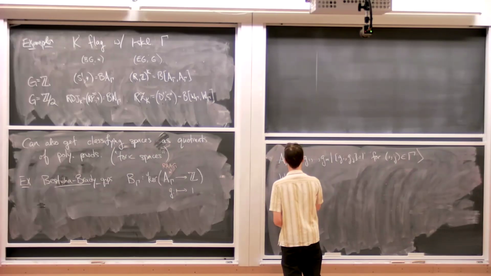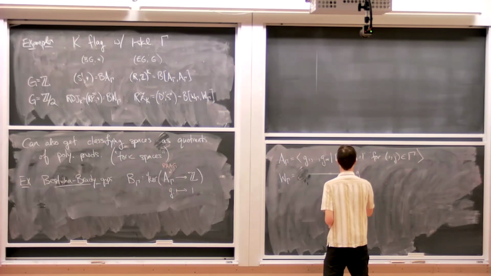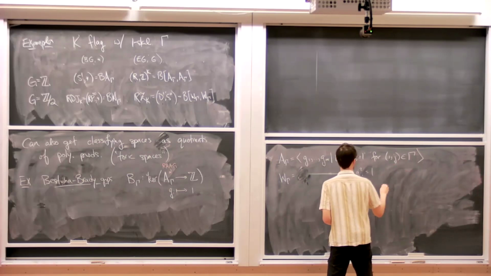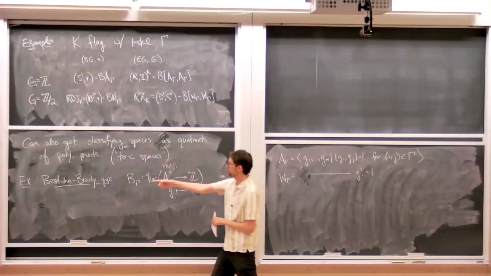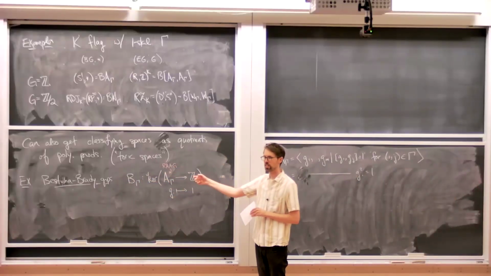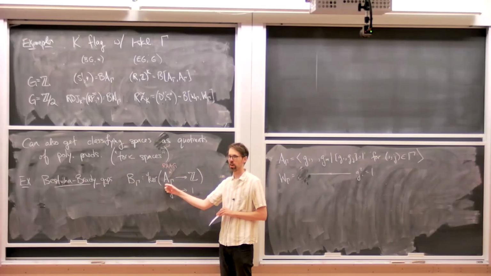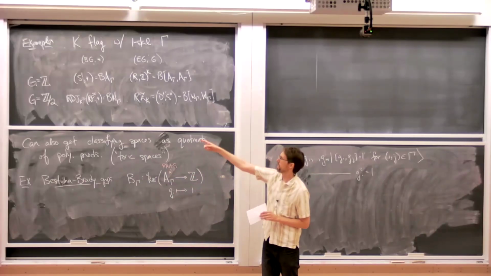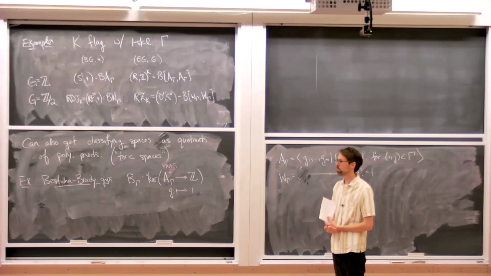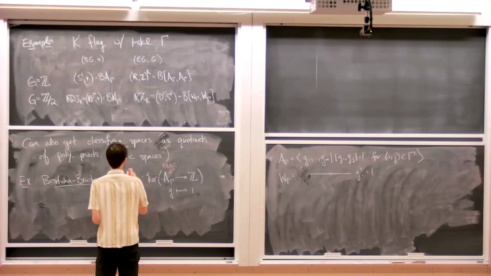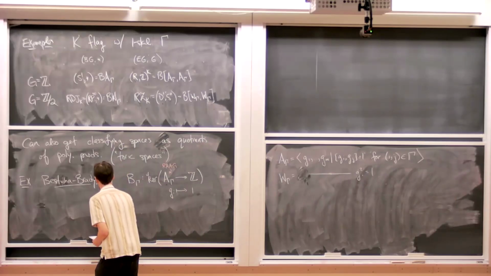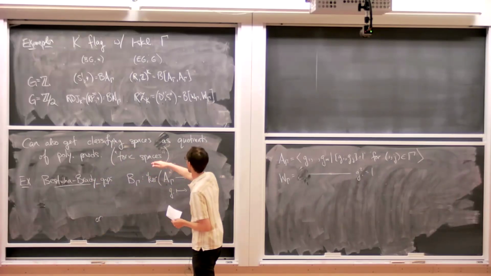Right-angled Coxeter, it's the exact same thing, except all of our generators also square to the identity. So yeah, Bestvina-Brady groups are really talked about in all of these contexts, right? You could put a right-angled Coxeter group here, or take any discrete group, you might get what you call generalized Bestvina-Brady groups.